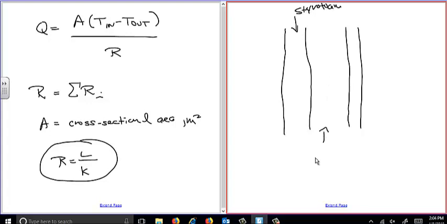This is a 2x4 wall, and this is sheathing, and then we've got another layer on the outside, which we'll call shingles.